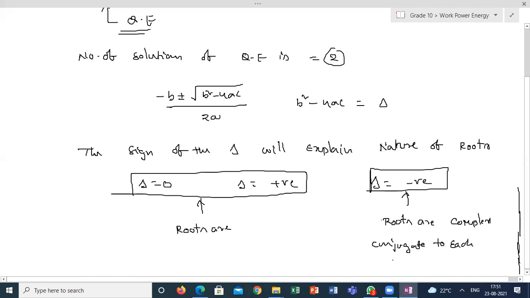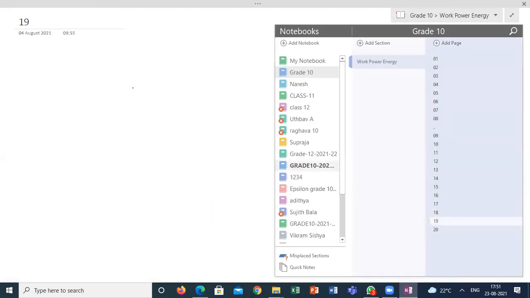Simple. With this, we can extend to any level. With the help of this concept and the quadratic expressions, we can solve cases where no real roots exist. Graphically, what is its meaning, we will discuss later. First, we have to know how to solve a quadratic equation with complex roots. x square plus 2 is equal to 0.